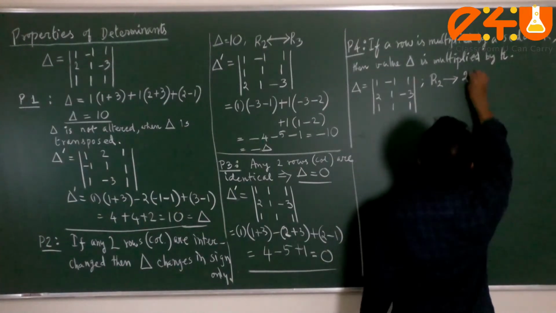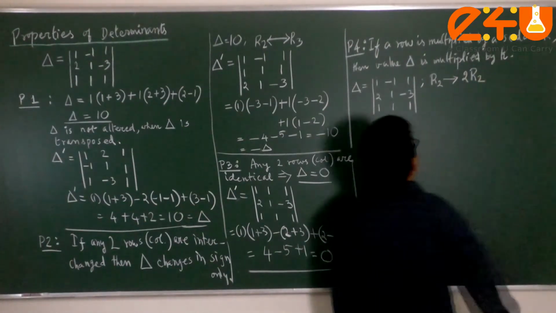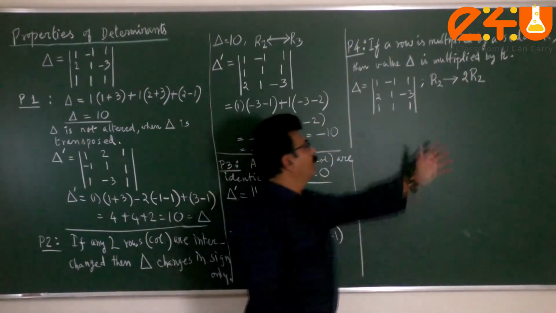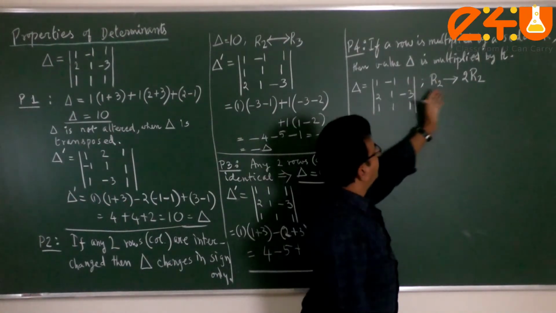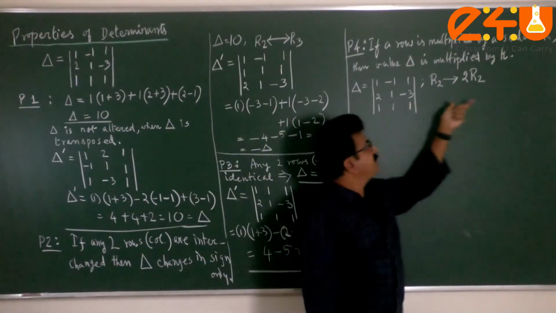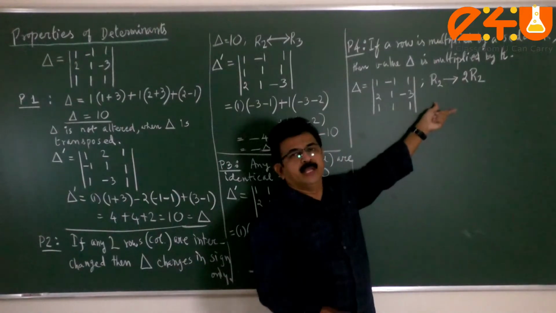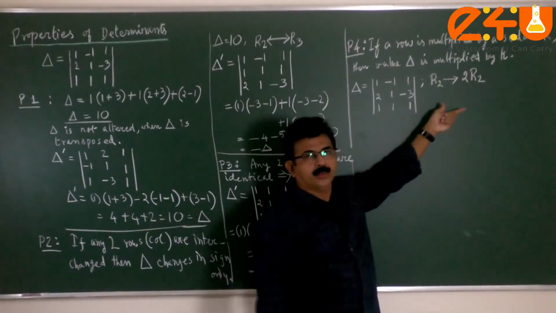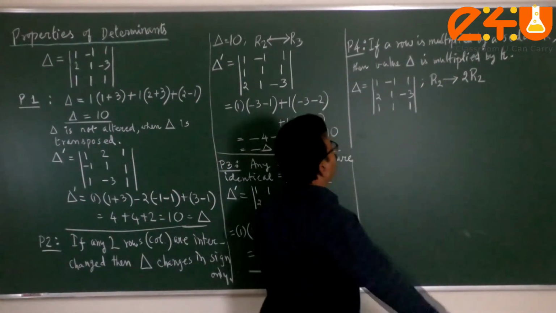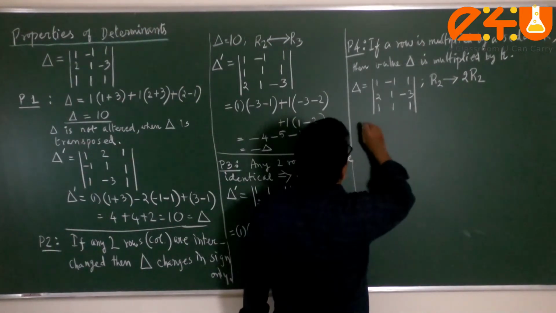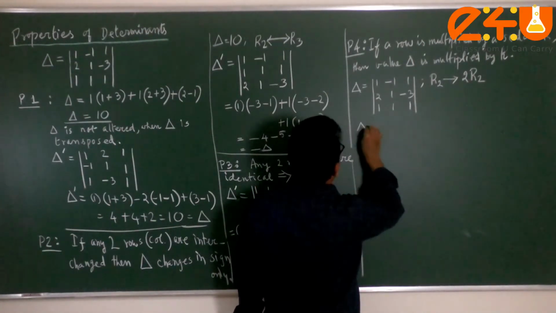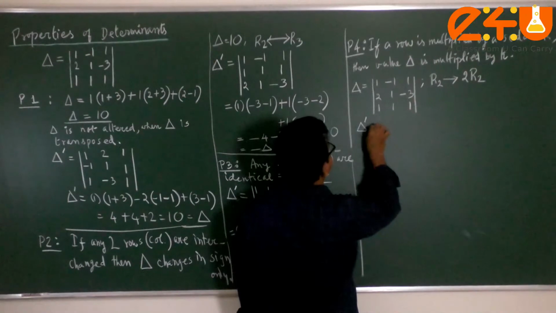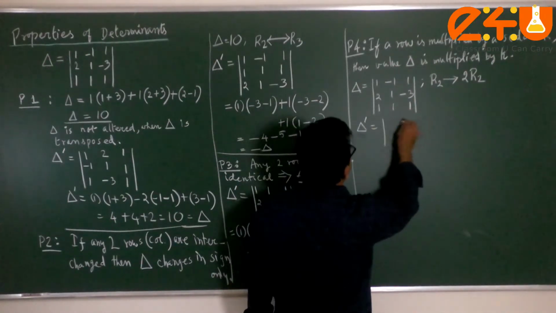So row 2 I am replacing as 2 times row 2. I am using this symbolic notation, which is the way of representing a row operation. Now let me call it delta dash, because it contains a different set of numbers.